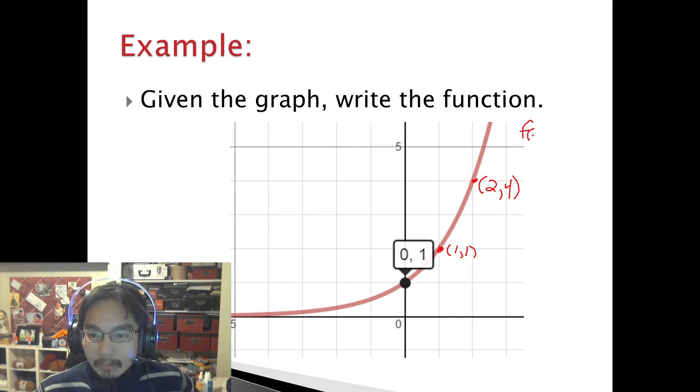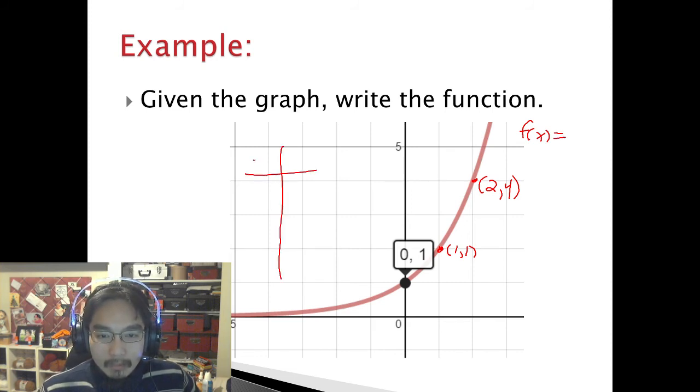So here we go. F of x equals, let's write the table. X, f of x, 0, 1, 2. This is always 1. This is 1. This is now 4. Quite a big jump.